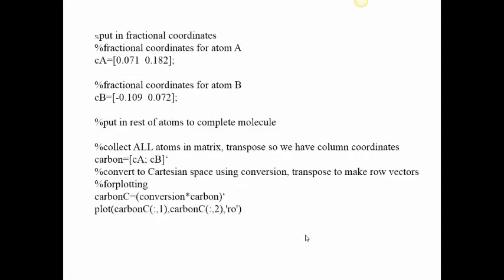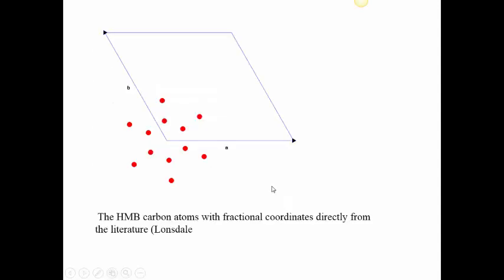The next thing you'll be doing, as I've explained in the video, is looking at the fractional coordinates, which are both in the book and in an earlier slide, and you'll be putting in, we were calling them carbon A and carbon B, and then you're going to put all the rest of the atoms in, and you'll find that all of the atoms will look just like this.